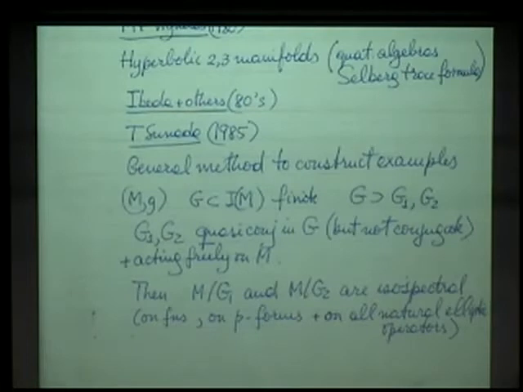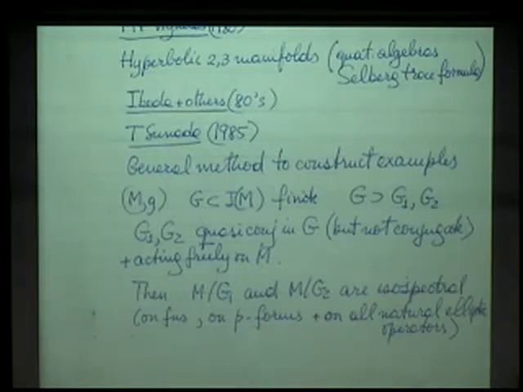Then many more problems came up. Ikeda and others with some lens spaces or some spherical space forms, until Toshikazu Sunada gave a general method to construct examples.